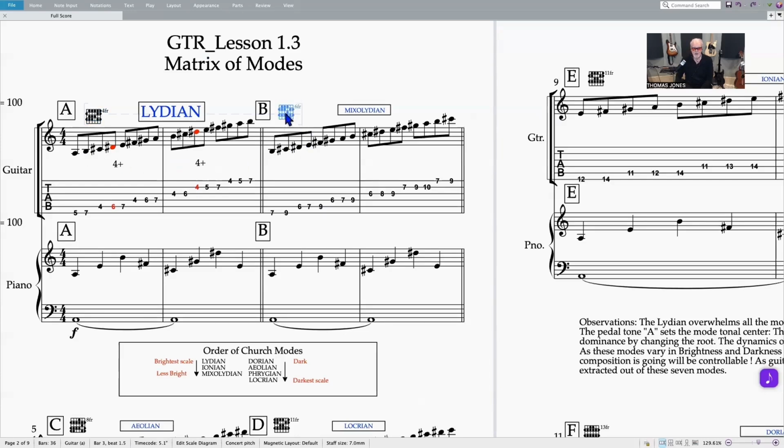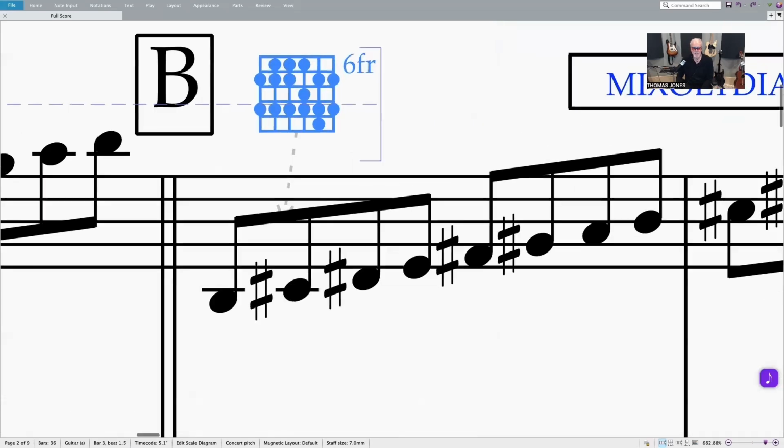So now if I open this up and show you what this looks like, this is starting on the 6th fret, and this is a B note. That's this guy right here. All of these notes are the same exact notes that are in the Lydian, with the exception that they start in a different place.